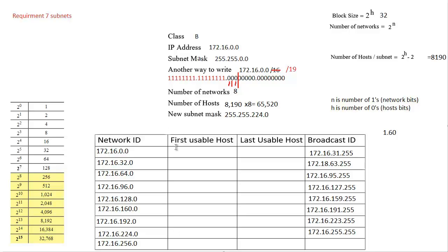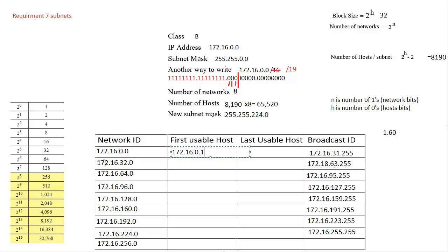Now what is the first usable host for this network? The first usable host for this network will be just after this one. That means 172.16.0.1. And what is the next usable host? Again, the next one.